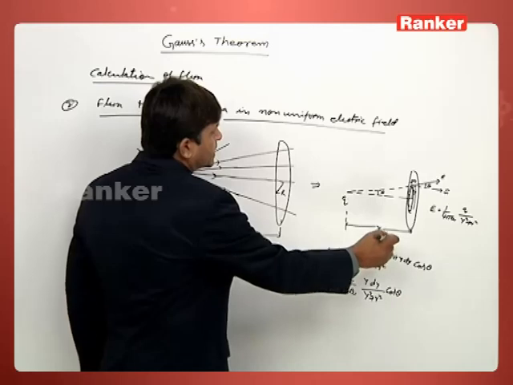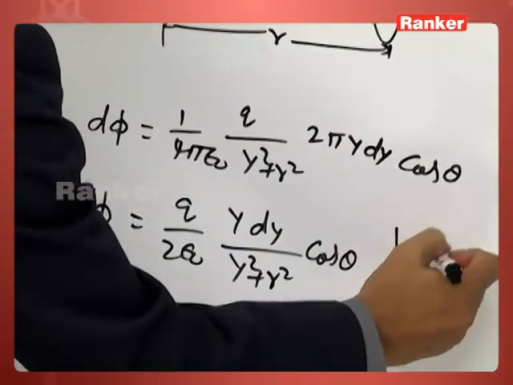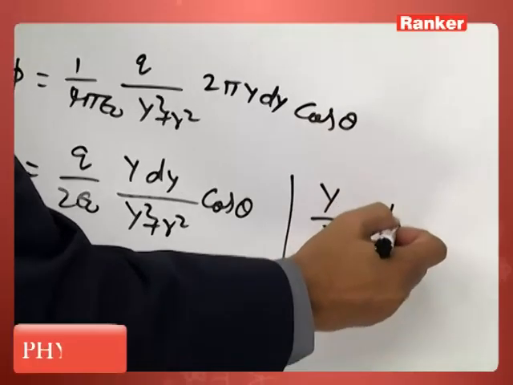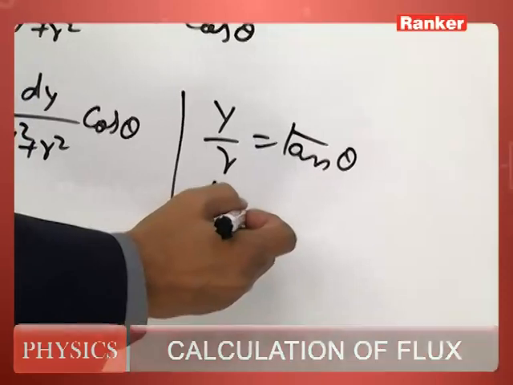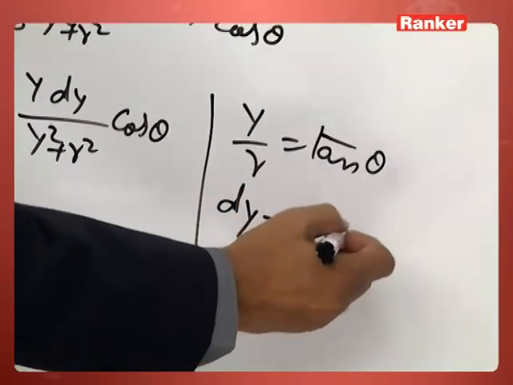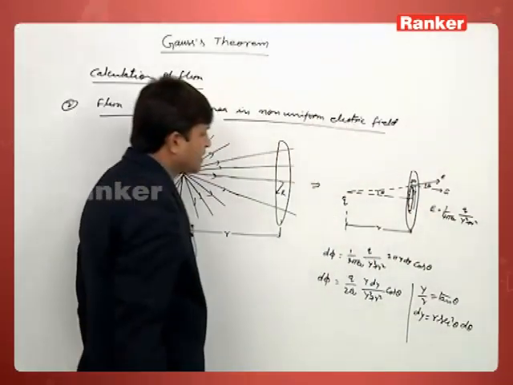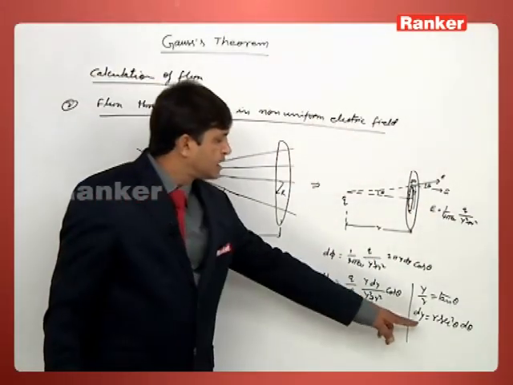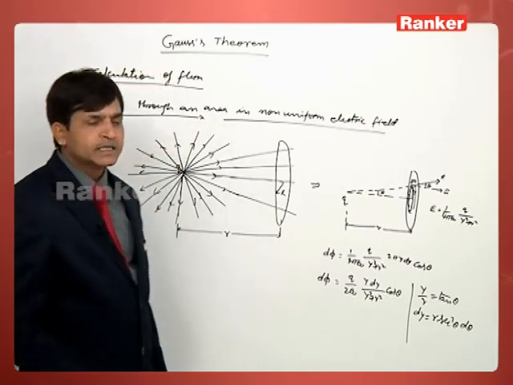In this triangle, y by r is tan theta. So dy can be written as r sec square theta d theta. This value we can substitute here, so our whole expression will come in terms of angle theta.